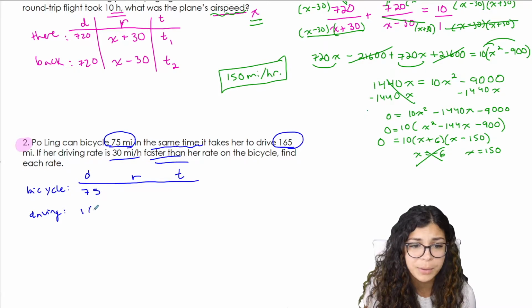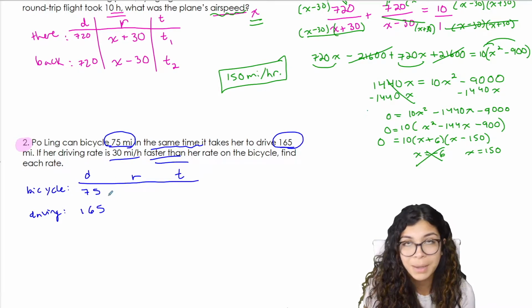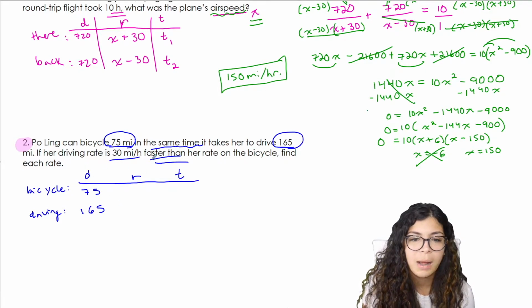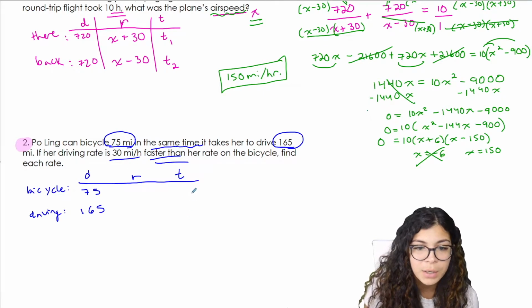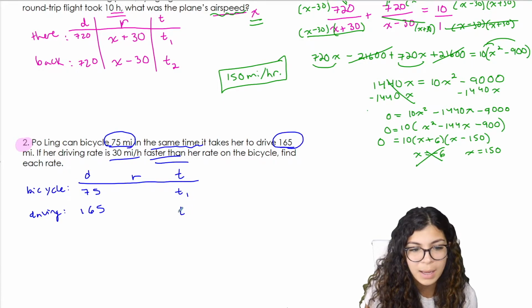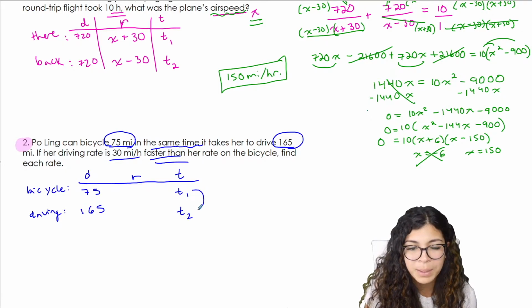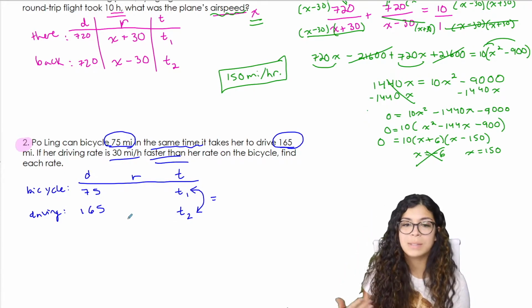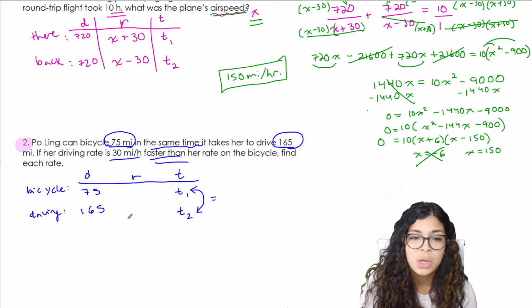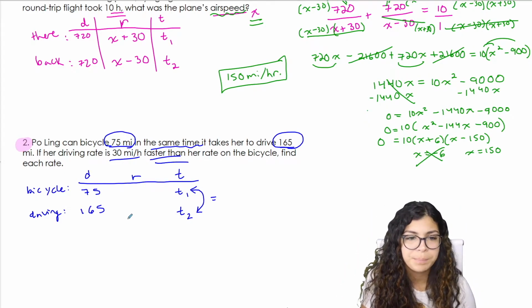Obviously, it would be quicker to drive than it is to bike. And then the time is equal, right? So the time for bicycling is equal to the time driving, because they're bicycling and driving the same amount of time, but the distance that they go is different because the rate is different. So now let's talk about the rate, right?